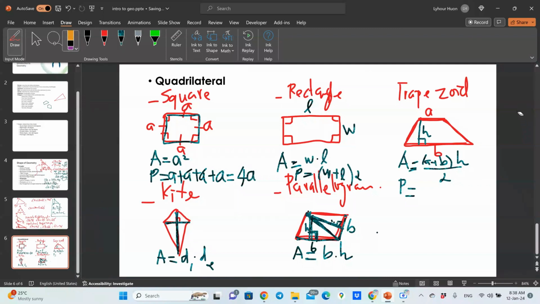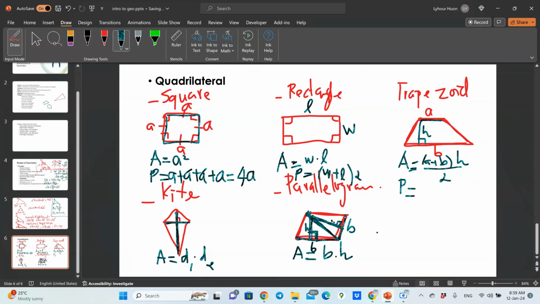The perimeter is the distance of the whole loop, the distance of the whole shape.